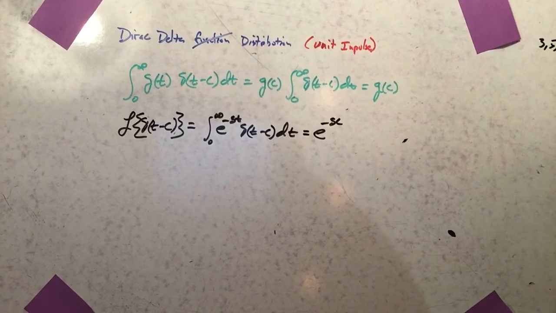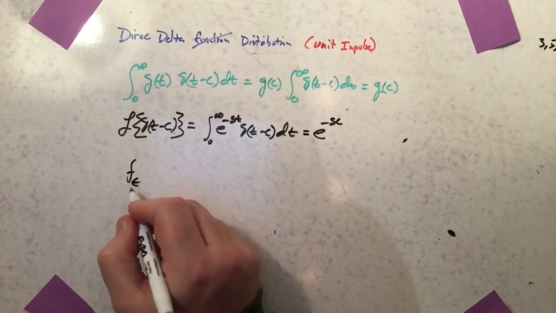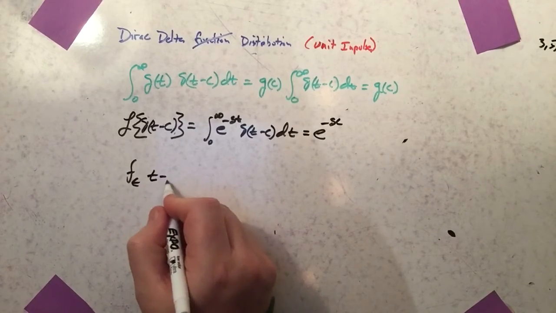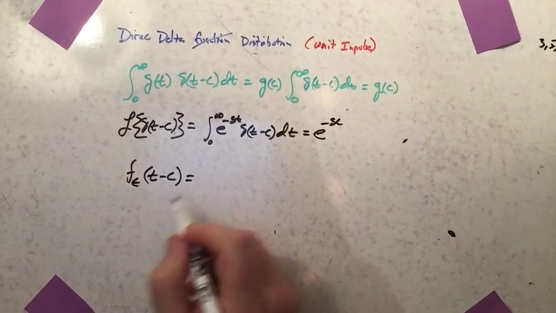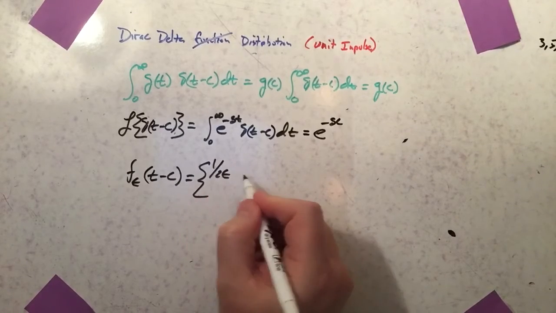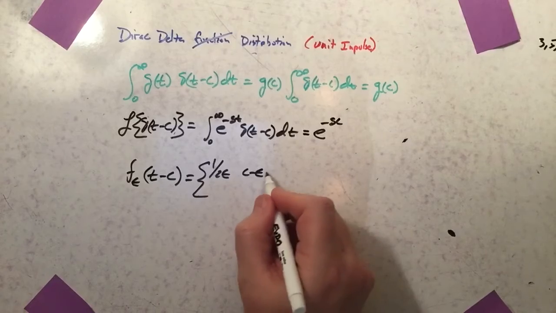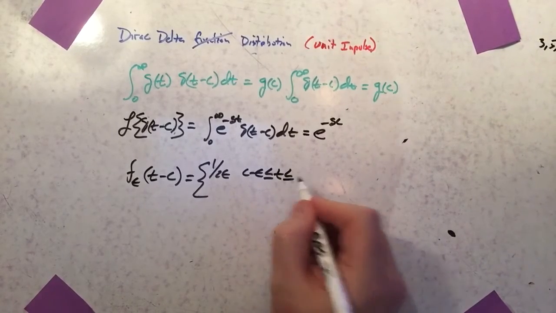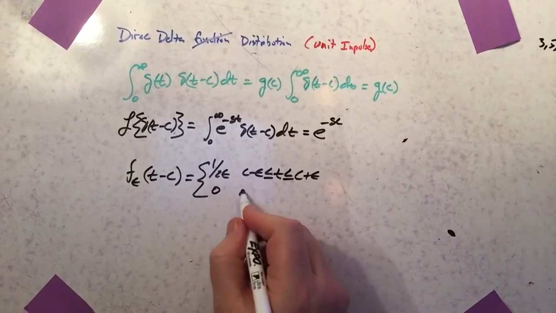The only other thing I wanted to show you was just as a tie-in to our Heaviside function from yesterday, when we had that f epsilon t minus c, and we were using it as a model of the piecewise defined function 1 over 2 epsilon whenever we're at c minus epsilon less than or equal to t less than or equal to c plus epsilon and 0 otherwise.